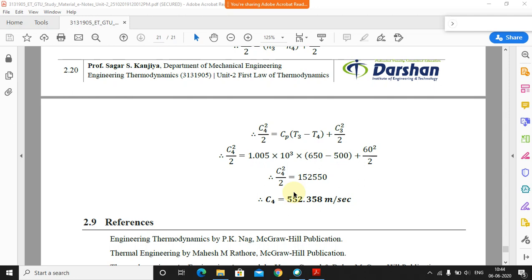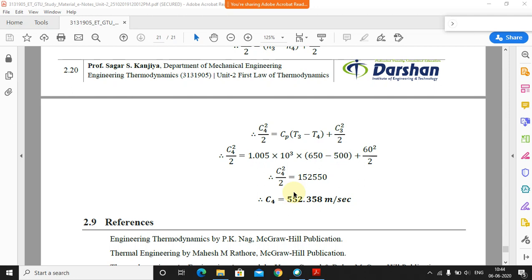Fine. So are you clear with how we can solve this problem? This is the method to solve any of the steady flow energy equation problems. There will be some applications, and from that you need to find out all the values. Any doubt in this?